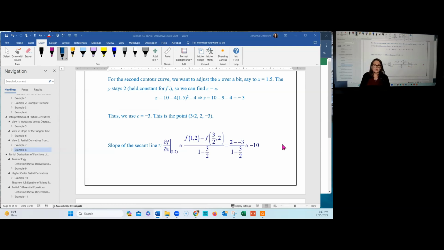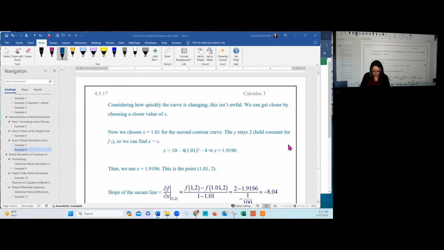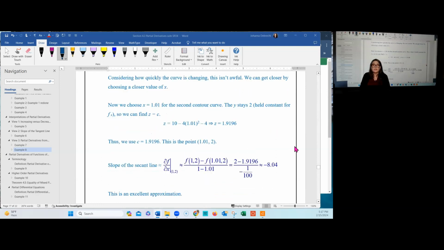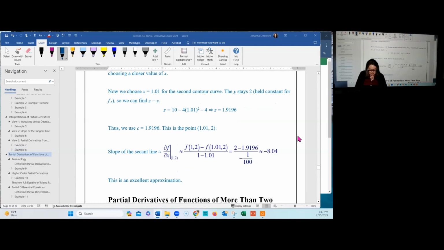Now, this isn't a great approximation, all right? It's not fantastic. How could we make it a better approximation? Well, don't move so far over. If the x value is 1, instead of moving to 1.5, maybe just move over to 1.01, much closer to that point. If we do that, then when we approximate the slope of the tangent line with the slope of the secant line, we get something much closer.